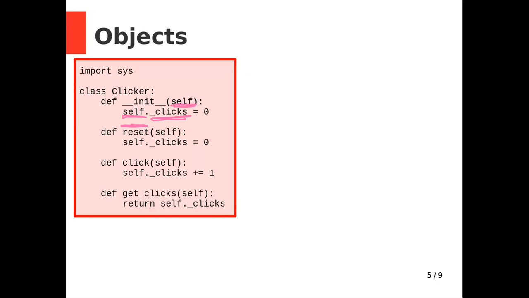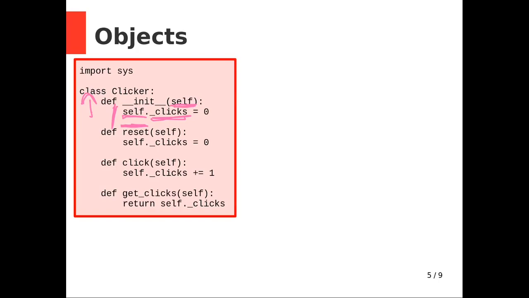So this is sort of like a Java constructor, where a Java class that has an int for the click count might initialize it to 0, except I don't have to declare that beforehand. I don't have to formally declare that the only member of this class is exactly the clicks object.